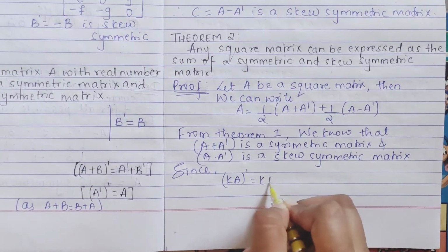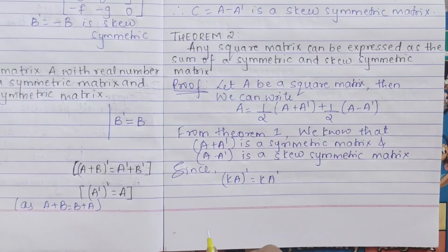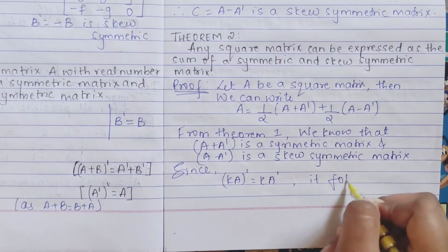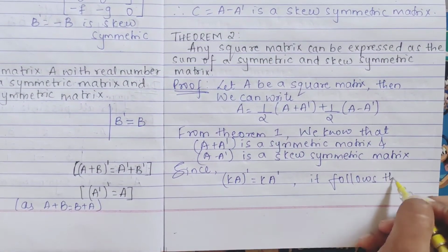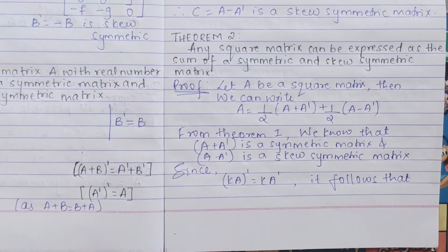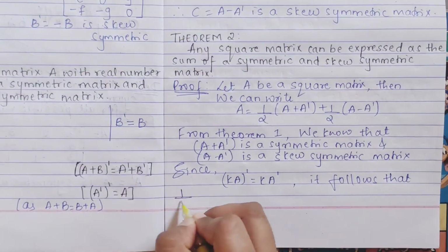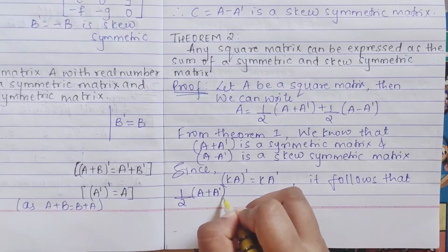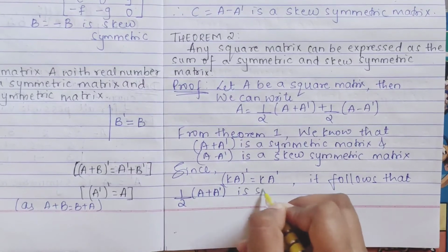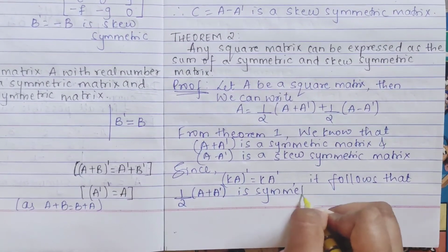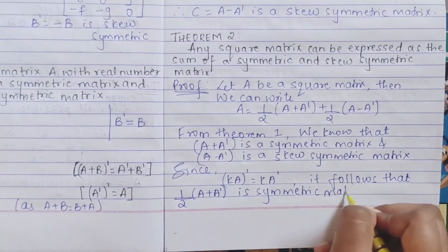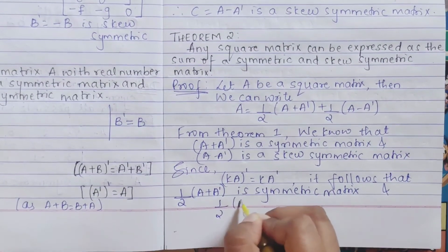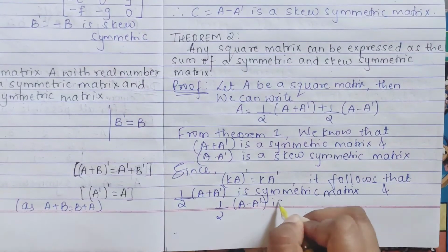K A transpose, right? K into A transpose. So it follows that half A plus A transpose is a symmetric matrix and half of A minus A transpose is a skew symmetric matrix.